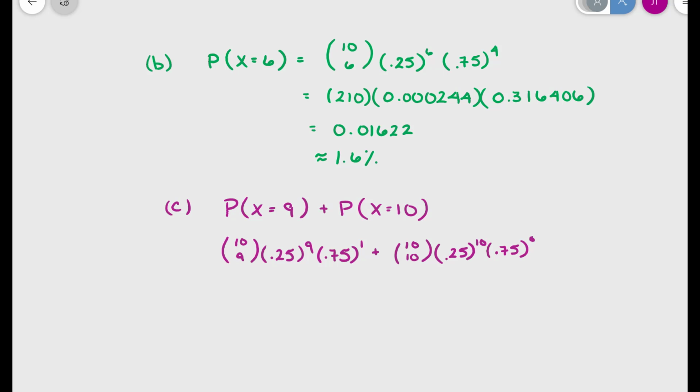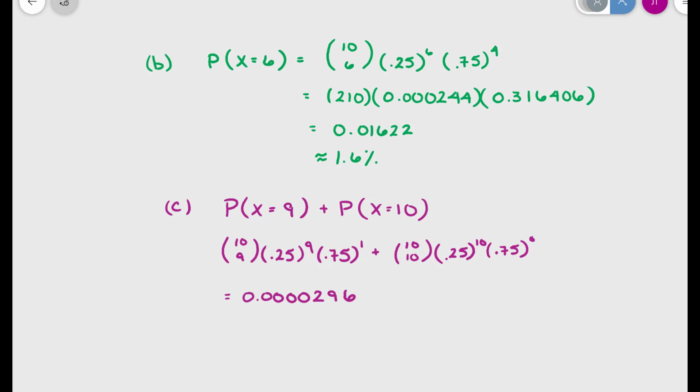And when we compute this and add them together, we get 0.0000296. So that is a very small probability that this student, simply by guessing, will receive a grade of 90% or better.